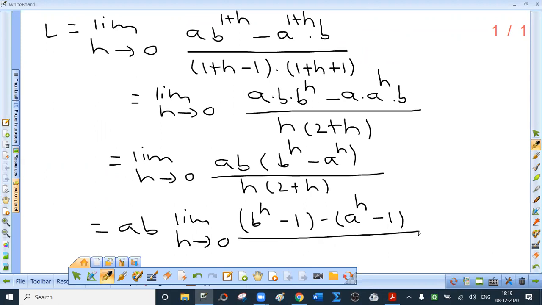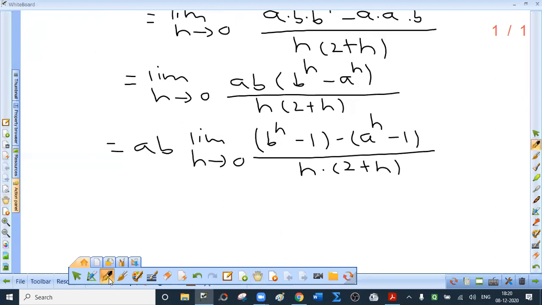Now you will ask me, sir, how can we know this? The reason for this step is common sense. See, standard function is a raised to x minus 1. This is the reason. h into 2 plus h. Okay. So next step is this is nothing but ab into limit h tends to 0. See what I'm doing?